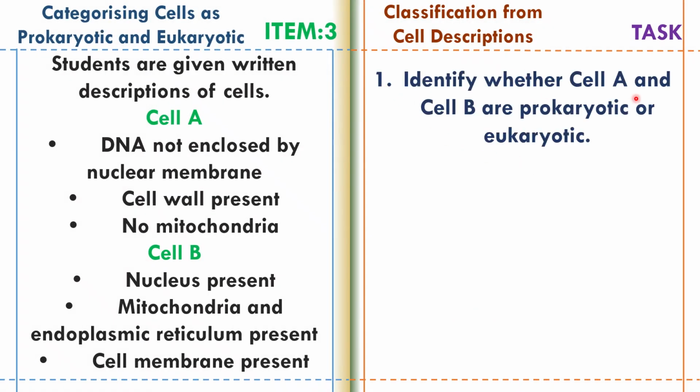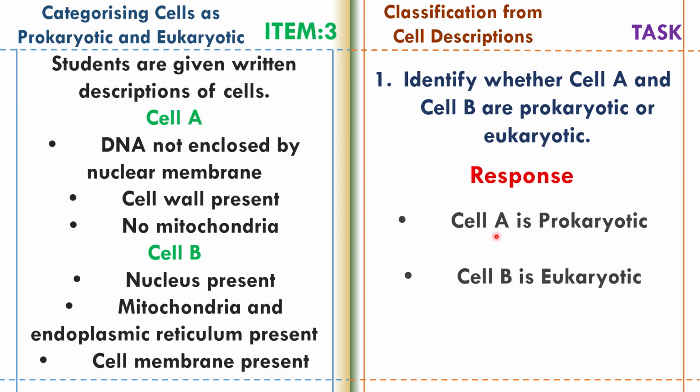Identify whether cell A and cell B are prokaryotic or eukaryotic. Cell A is prokaryotic. Cell B is eukaryotic.